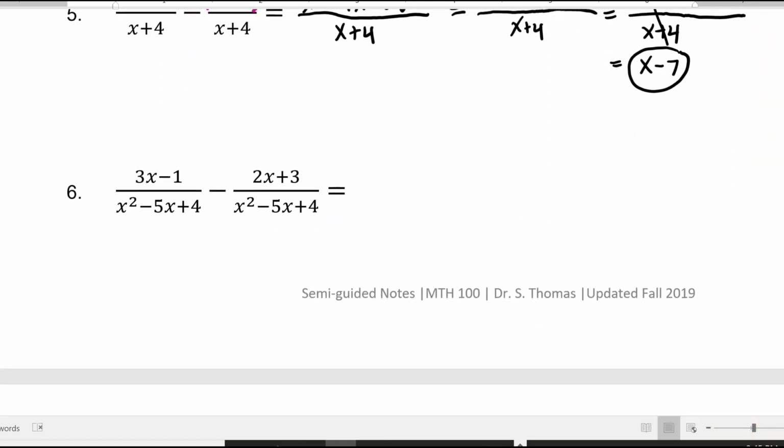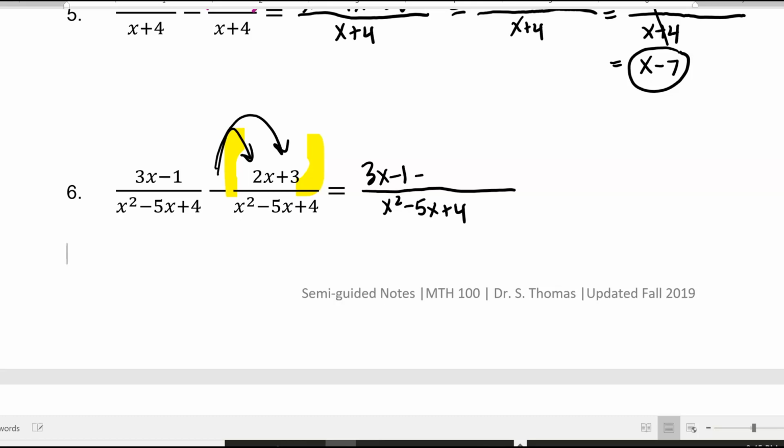Next, we have the same denominator again. So I'm going to rewrite the denominator, but again, make sure you put something to indicate that you do have to distribute that negative. So we have 3x minus 1 minus 2x minus 3 because of that negative.